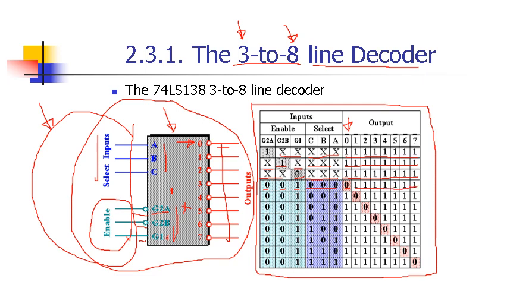So you can take this 0 output line and connect it to some chip to make it active. It requires a low signal. You take the low signal from this D0, and when you communicate with this chip, make sure to provide 3 zeros for your select lines.